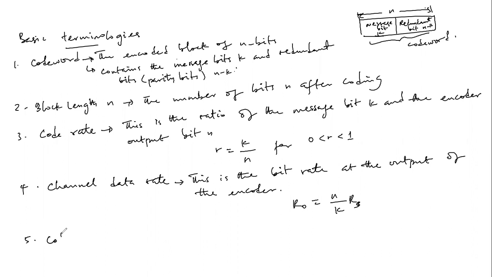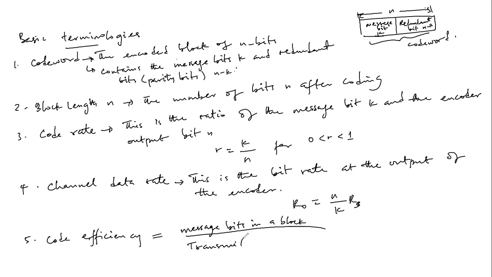Then we have code efficiency. And this is the ratio of the message bits in a block to the transmitted bits for that block by the encoder. So for code efficiency, we have message bits in a block over transmitted bits for the block.